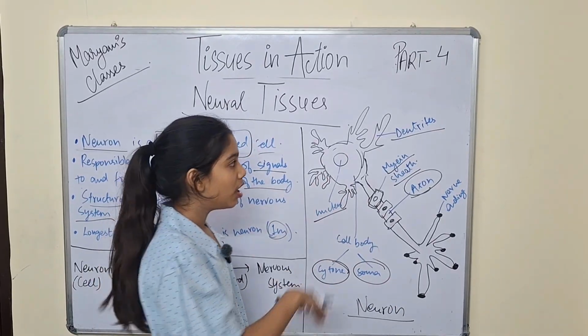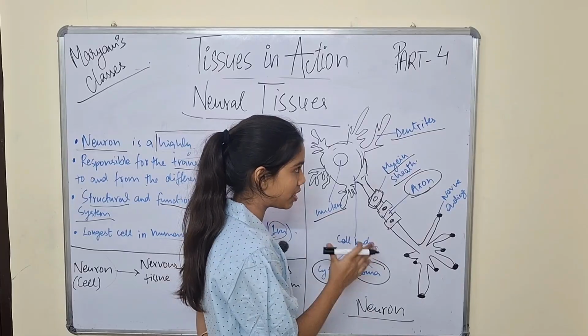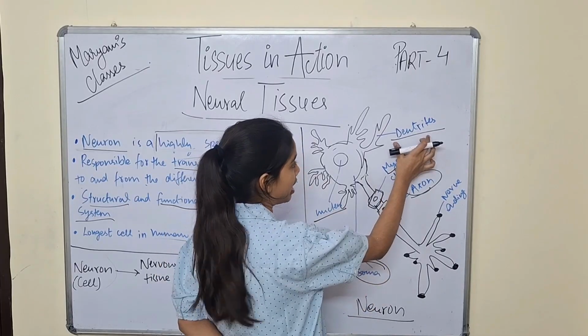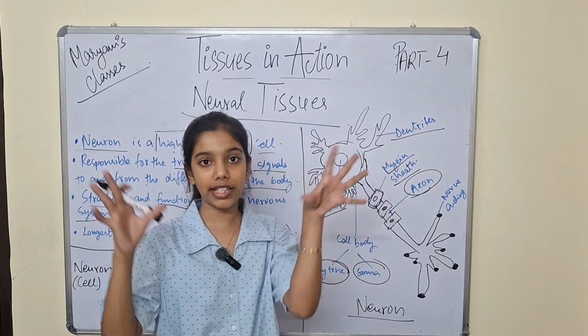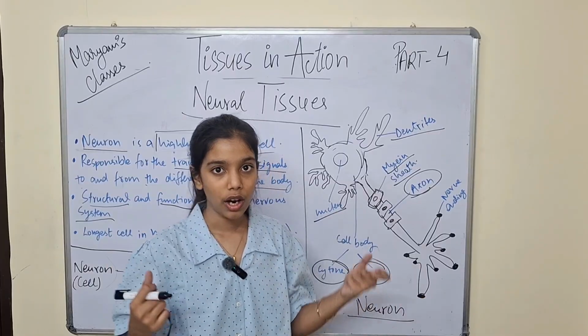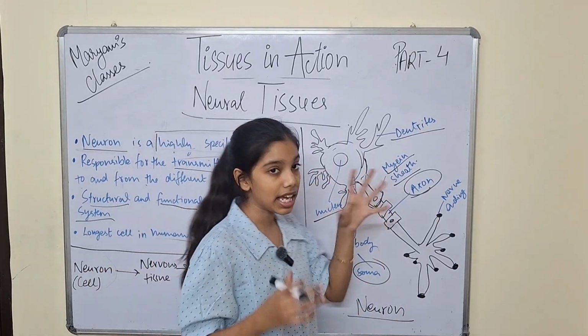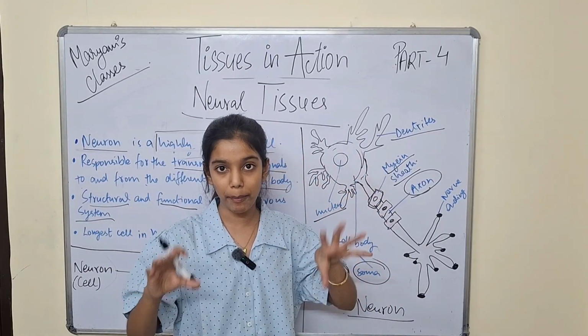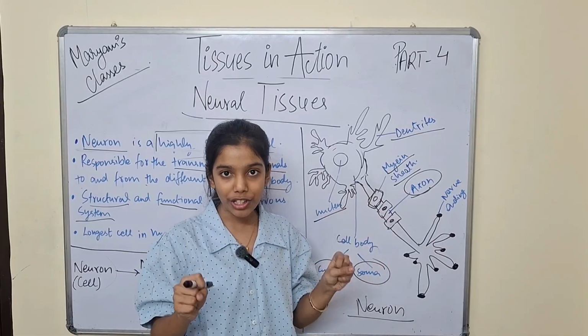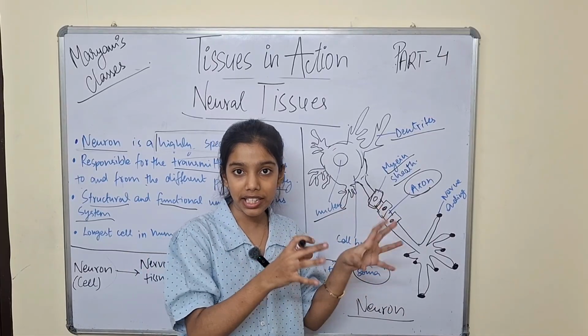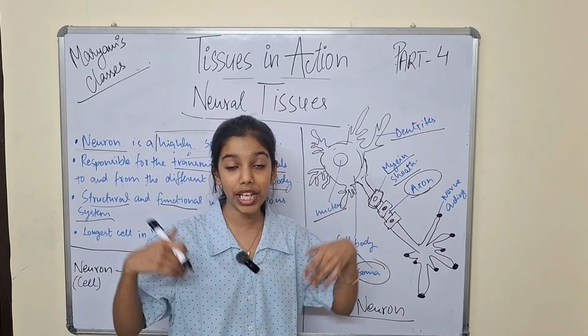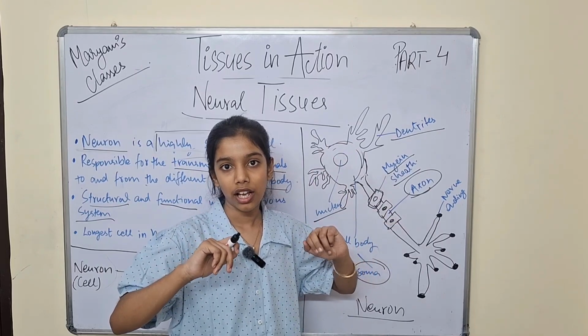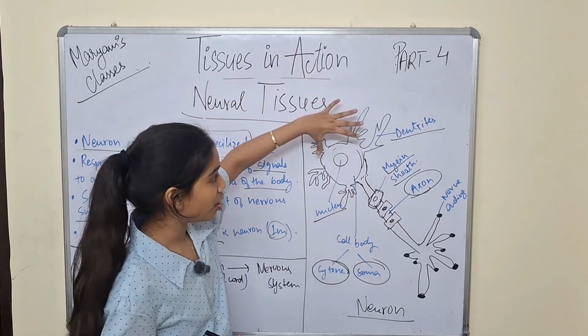So the function of this neuron cell starts from the dendrites, because it is the upper part of the neuron cell. This dendrite is a branch-type structure which collects the signals or the messages from the other neuron cell. Like on the above there is a neuron cell also.